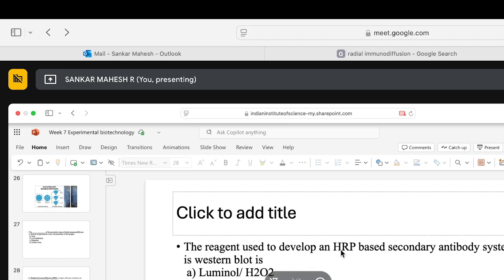So the product of HRP acting on H2O2 will allow luminol to be excited. That is where we get our visual readout. So when HRP is acting on H2O2, you get some product, and the interaction between that product and luminol will give luminescence, which can be captured by a scintillator or a camera.